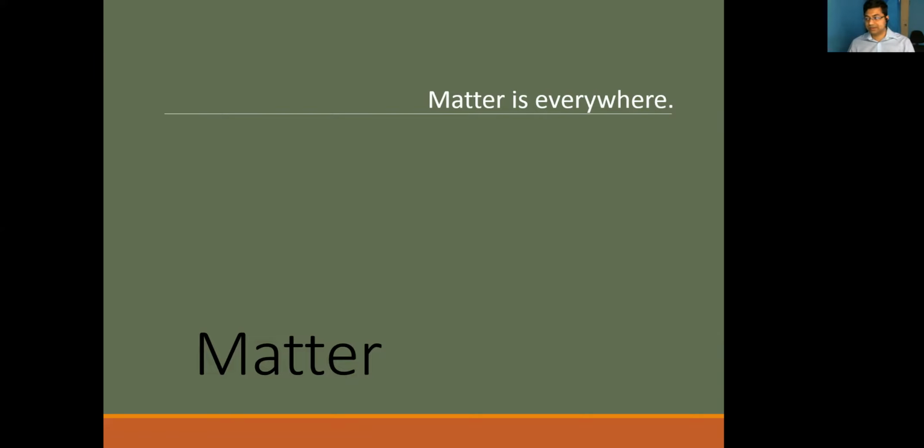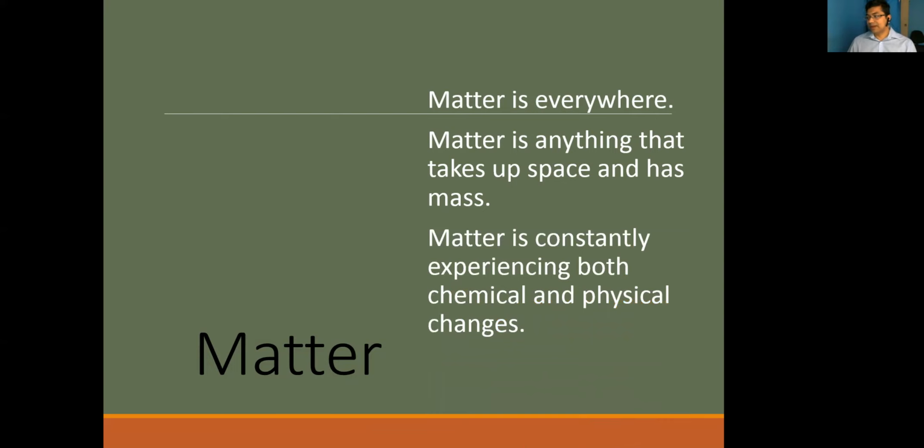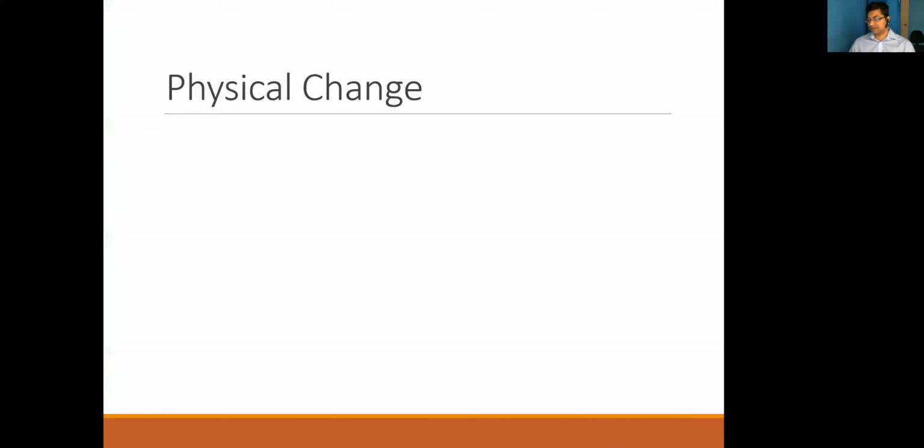It's a substance. So matter is anything that takes up space and has mass. So is air matter? What do you think? Yes, it is, because air has mass. So matter is constantly experiencing both chemical and physical changes.